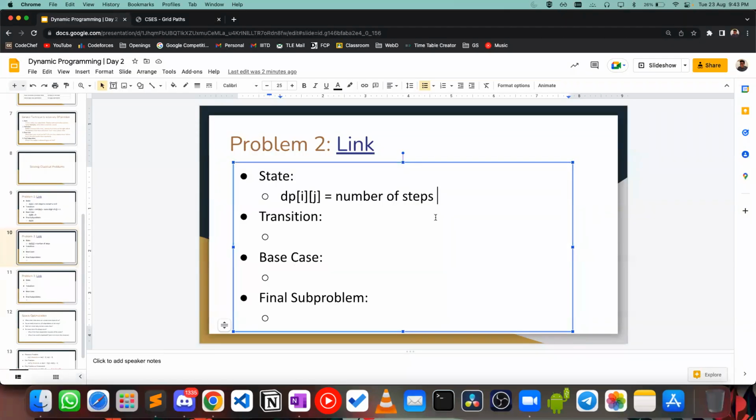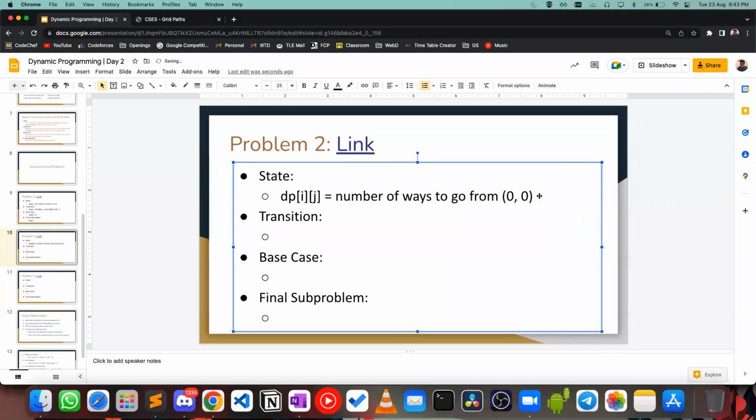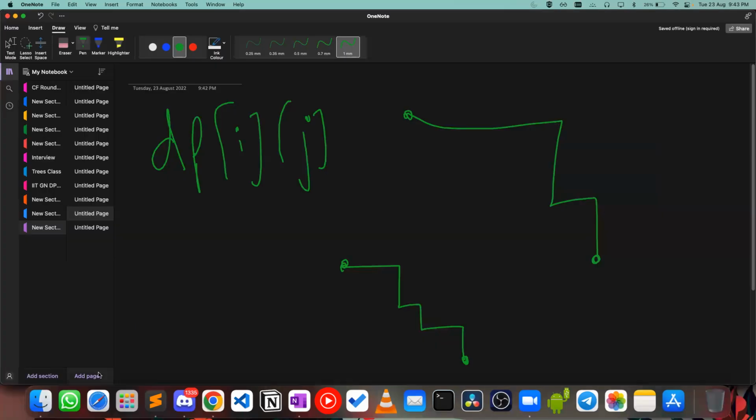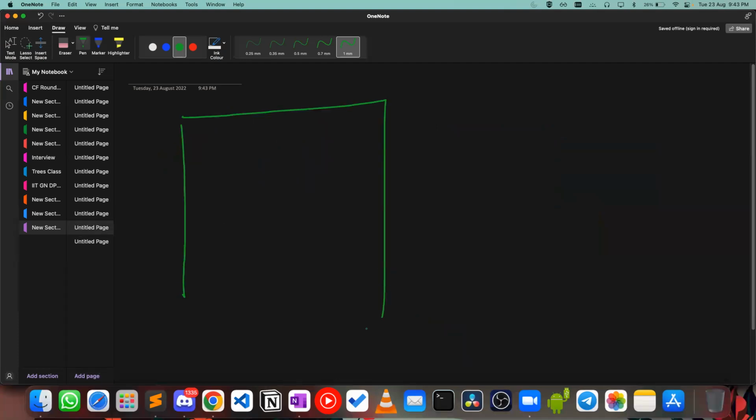So when I say DP of i, j is the number of ways to go from 0, 0 to i, j, what is the transition here? If I want to get to this point from 0, 0, from where can I come to this point? There are only two choices from where I can reach this point.